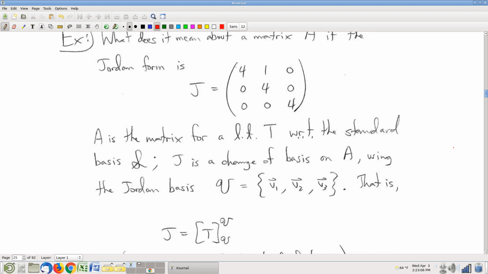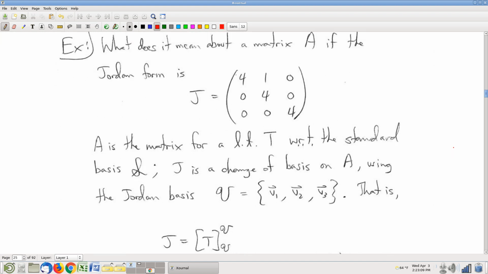Alrighty. Just another example. Let's suppose that this is our Jordan form. Notice here there's only one eigenvalue block at all. Just a single eigenvalue block. The basic Jordan blocks are like this. The first one tells us about the image of V1, and the third one tells us about the image of V3.